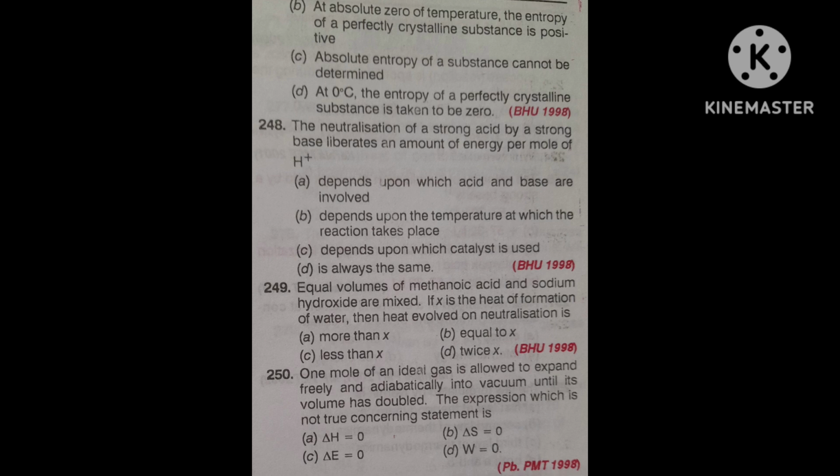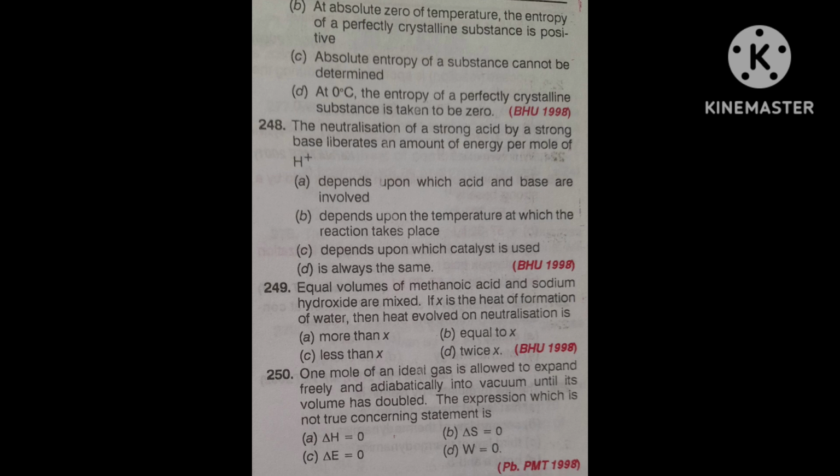Why is it wrong? Now I am telling you. The statement is wrong, but the answer is correct. Option D is correct. For free adiabatic expansion against volume, W is not equal to 0. Remember, even if adiabatic expansion is there, expansion is going on, then work done will be not equal to 0.